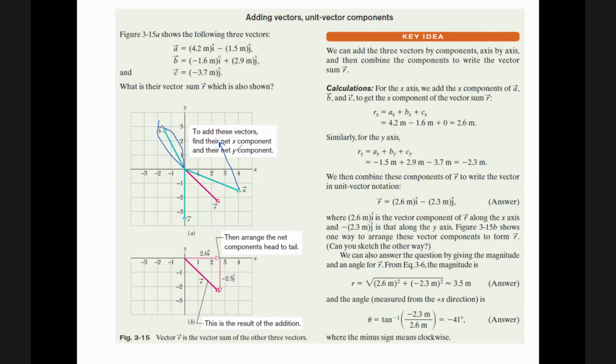This is B. Now I need C. Where is C? This is C. Now I will drag it. Look how beautiful math is. Now what happened here is that when I added A plus B plus C, I got vector R. So graphically you got the same results, and even by doing the components you got the same results.